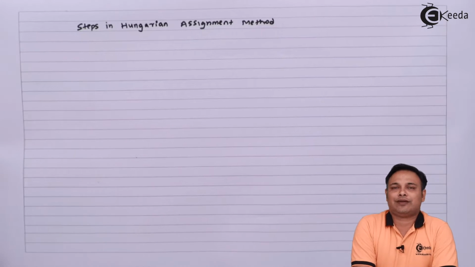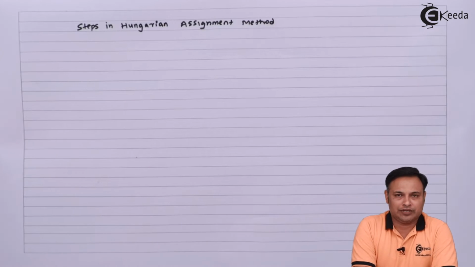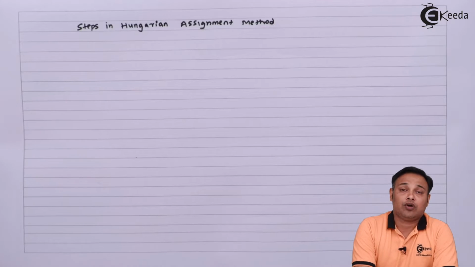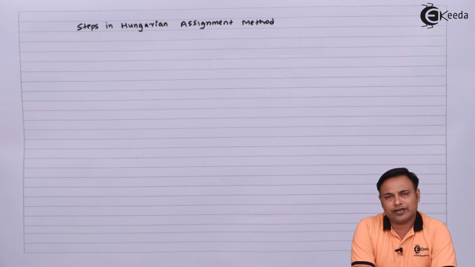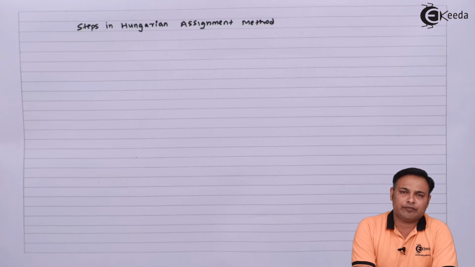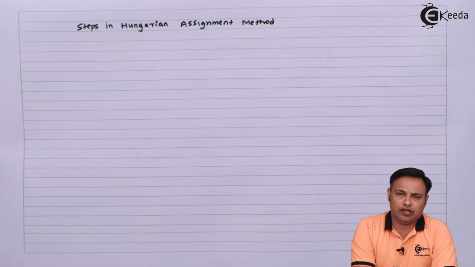What are the various steps in the Hungarian assignment method? First thing first, we use the HAM method only for solving a minimization problem. We can't directly use this method to solve a maximization problem because in case of a maximization problem we have to convert it into minimization. Just like transportation, even in assignment we always use any of the methods to minimize the problem.